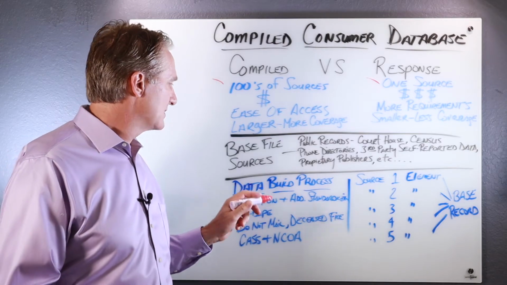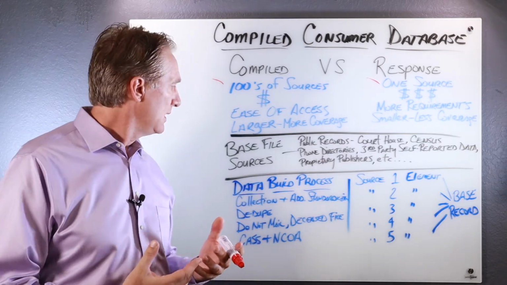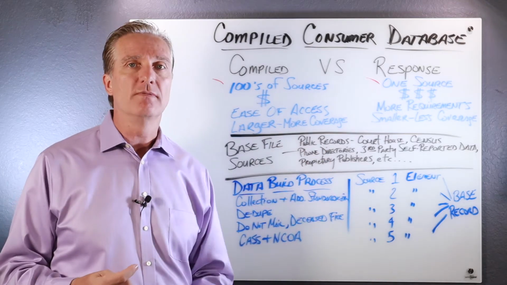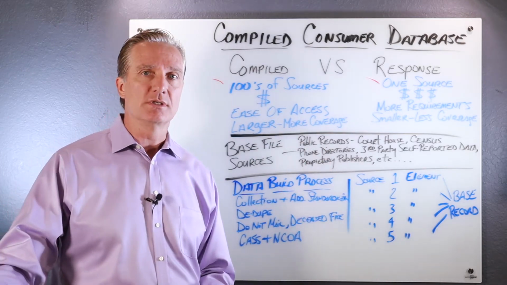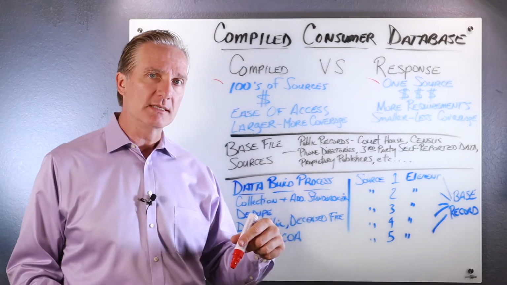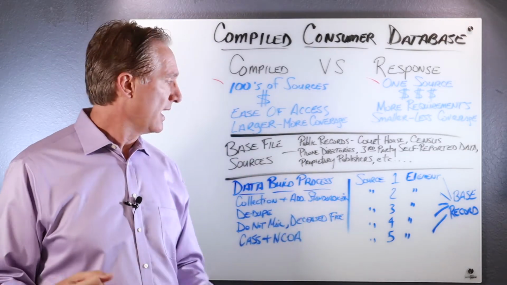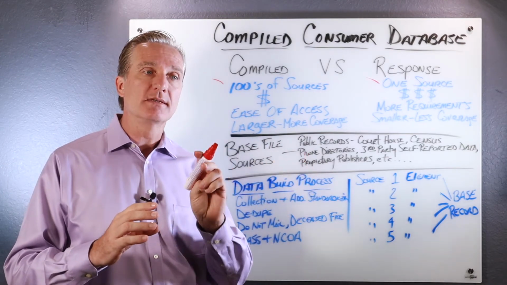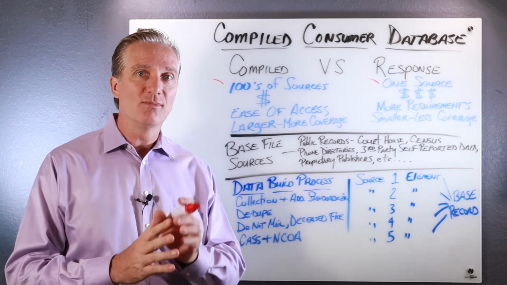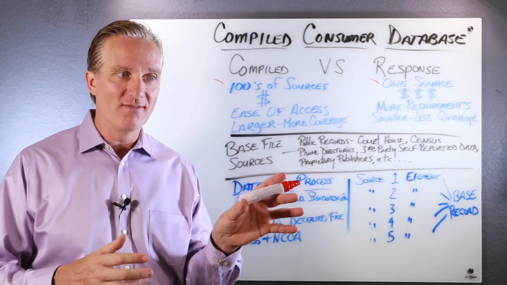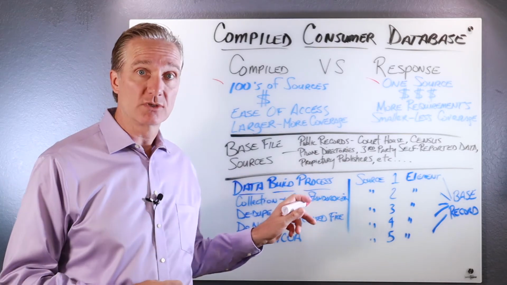And the build process for this information starts with collecting all these different sources: the public record information, these proprietary sources, these third-party contributors. We're collecting the names and the addresses of the individuals within the US. And then we address standardize all the addresses so that we can make sure Brian Berg is spelt the same way and my address is the same on every single record from every single source.